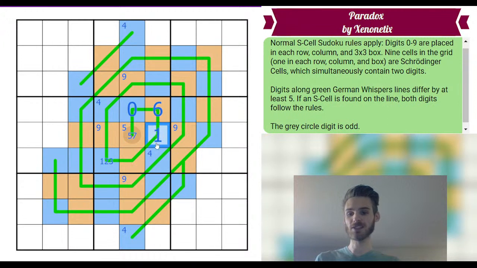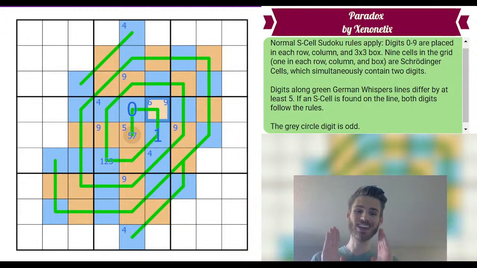So this cell must be a 6, and it must be flanked by 0 and 1. And this cell must be a 1. This cell actually... Oh, this is so annoying. This cell is a 6. It is a 6. But it could easily be a 7 as well, because it's an S cell.